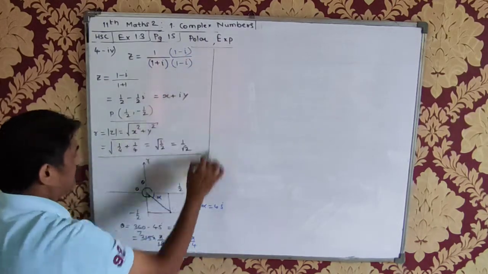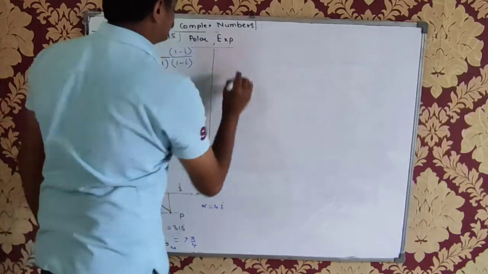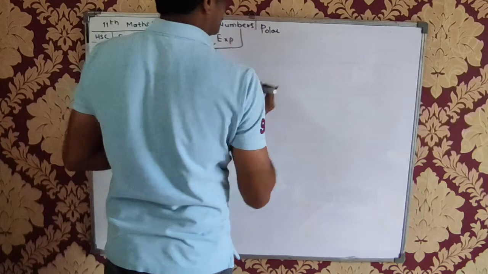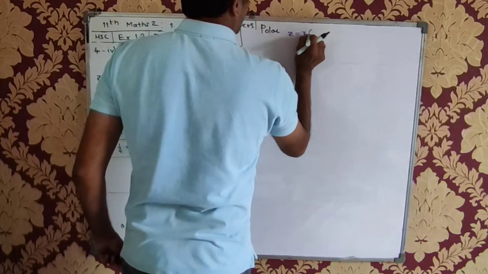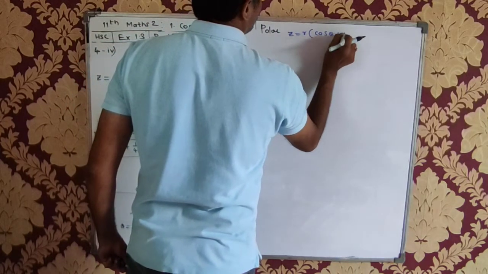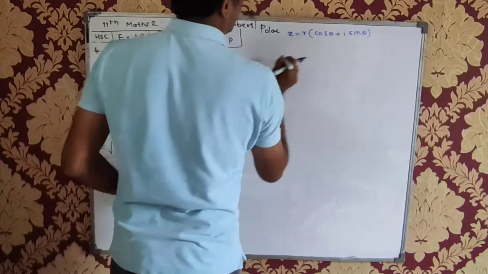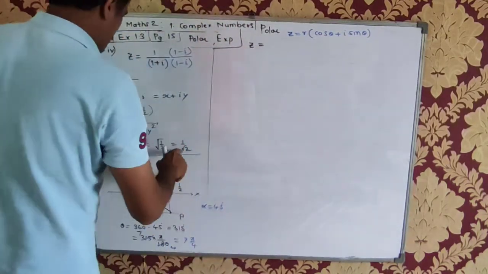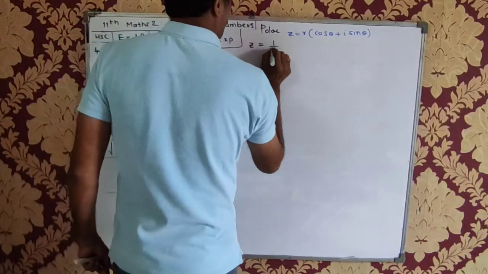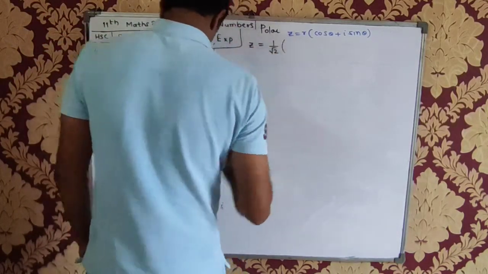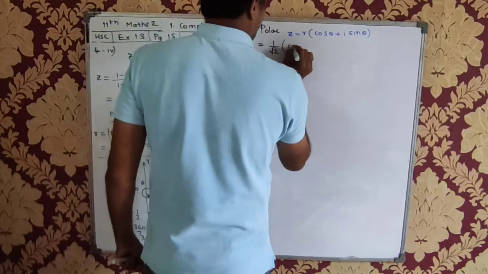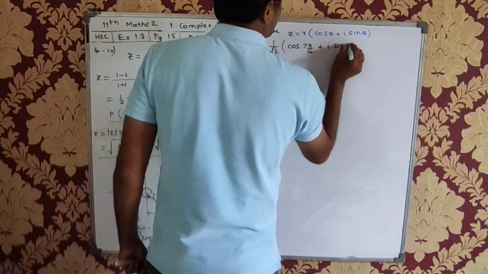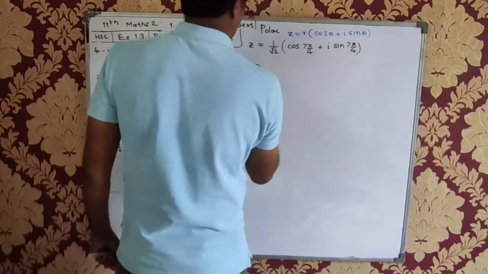Therefore, what will be the answer here? The polar form is given by Z is equal to R into cos theta plus i sin theta. Therefore, Z is equal to 1 upon root 2 into cos 7 pi by 4 plus i times sin 7 pi by 4.